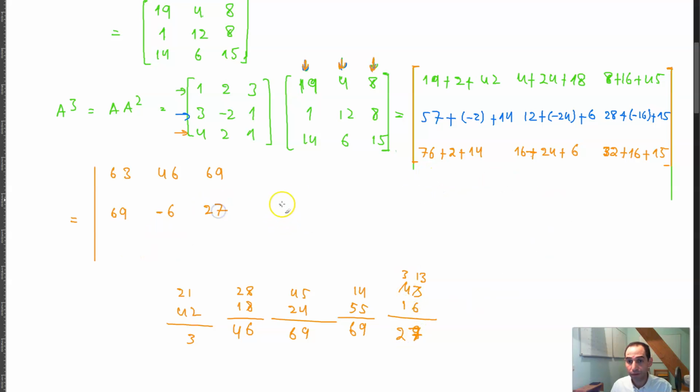We have 27 there. And 16 plus 76, that's 92. And 24 plus 6 equal to 30. 30, 46. And 15 plus 16 is equal to 31. 31 plus 32 is equal to 63. So that is that.